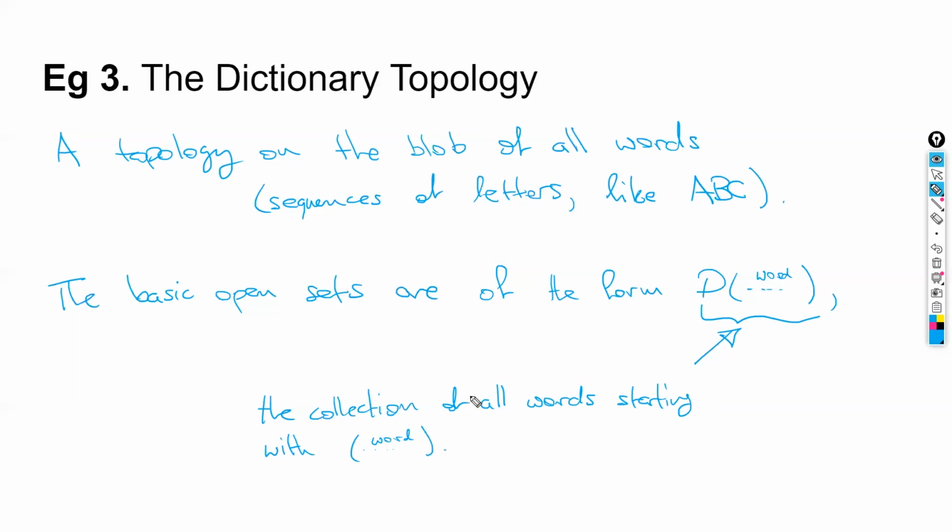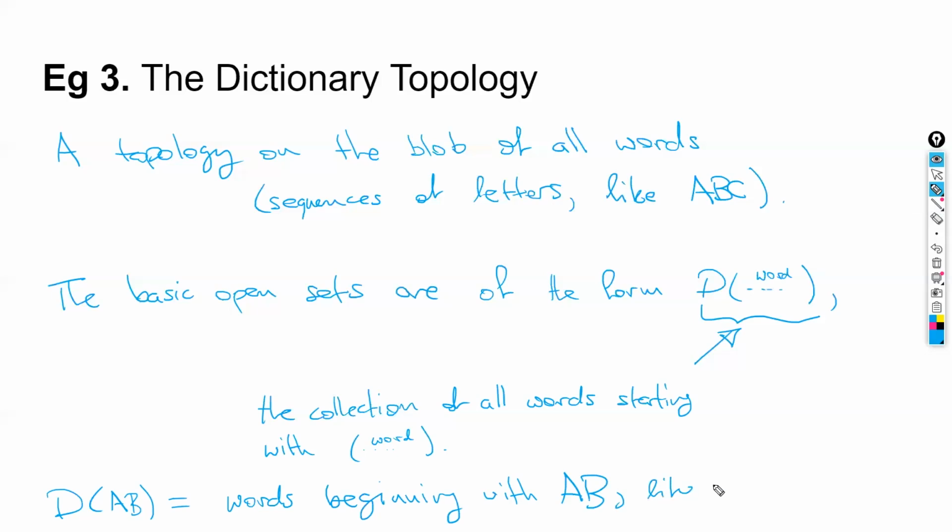So for example, D of A is the set of all words beginning with A. And if I wanted to make this a little bit more complicated, I could put the word AB in here, since AB is also a word. So all the words starting with AB, kind of like ABC or ABB. These are both words that start with AB.